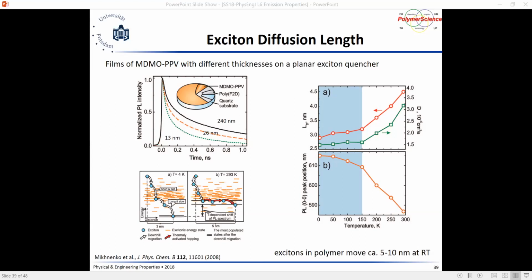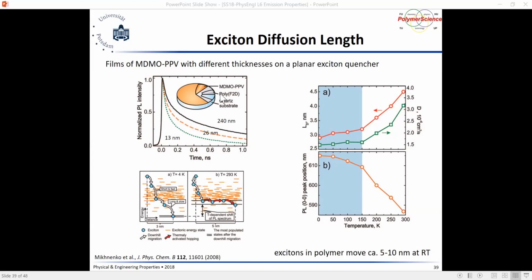Now we talked about energy transfer. Another possibility is that an exciton will diffuse to a certain distance away from where it got excited. So we excite from HOMO to LUMO.